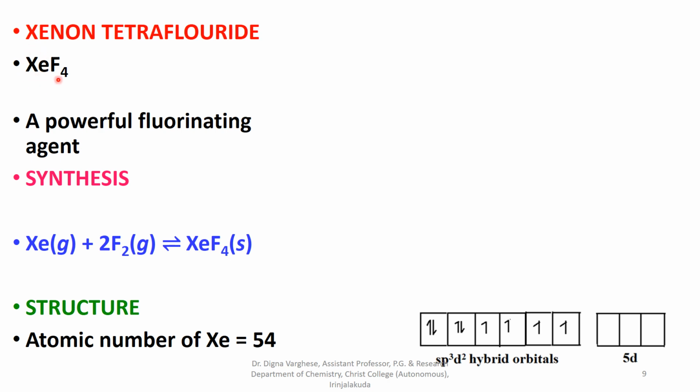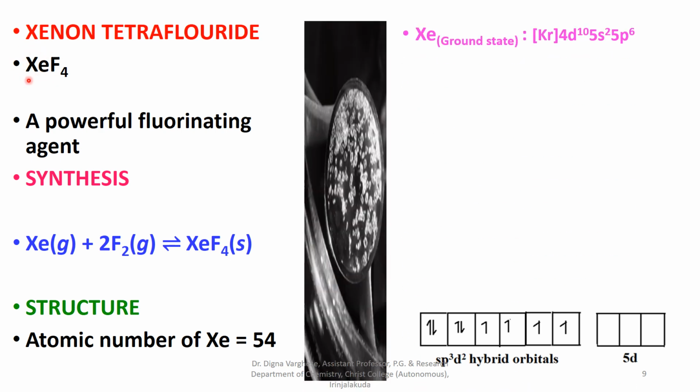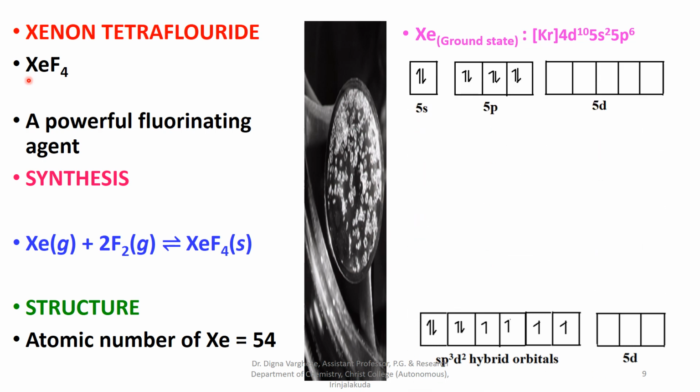The atomic number of xenon is 54, and the ground state electronic configuration is krypton 4d10 5s2 5p6. In this case, there are 4 bonds between xenon and fluorine in a XeF4 molecule.